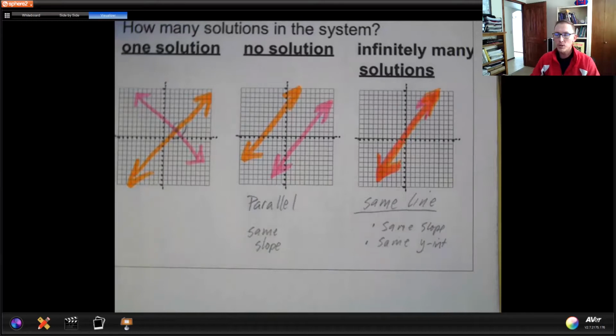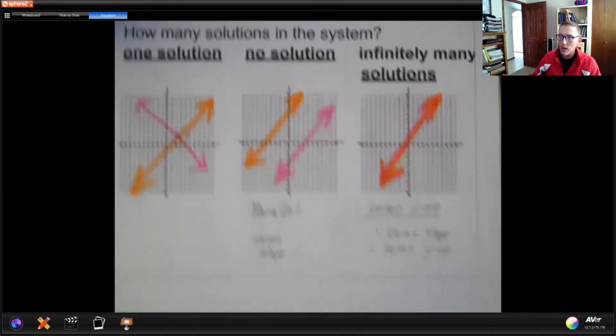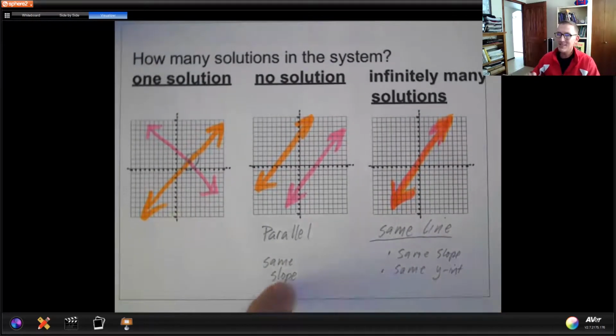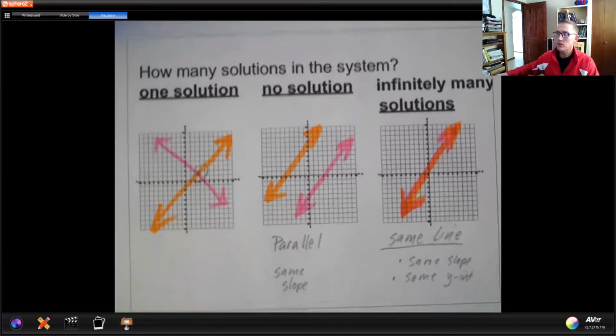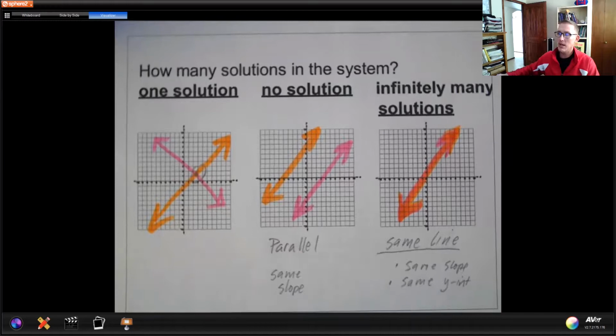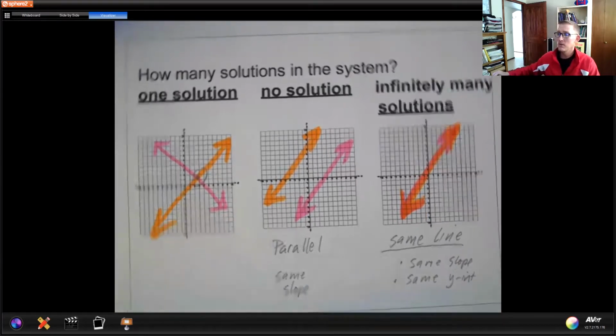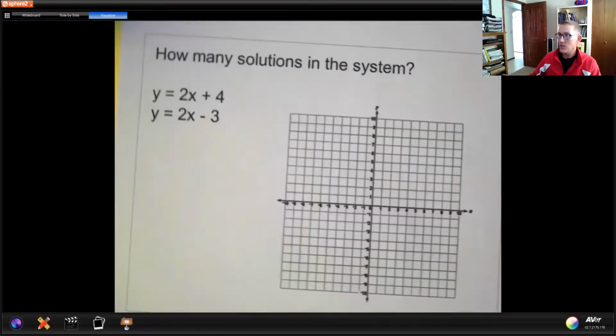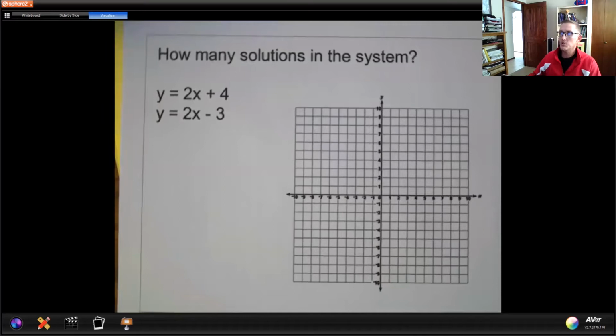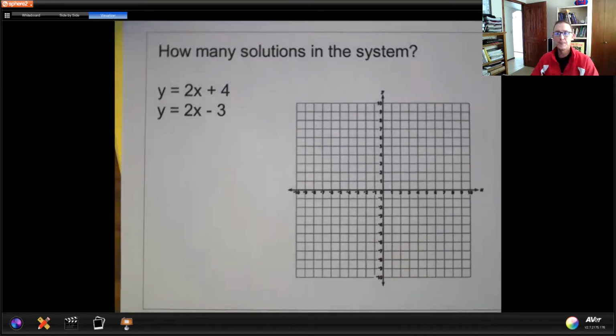Well, you can look at an equation and know right away what's going to happen based on the idea of the slope. So if I want to look at the graph, I can look at it and say, okay, it has this many solutions because of the slope and the y-intercept. So if I look at this here, how many solutions in this system?